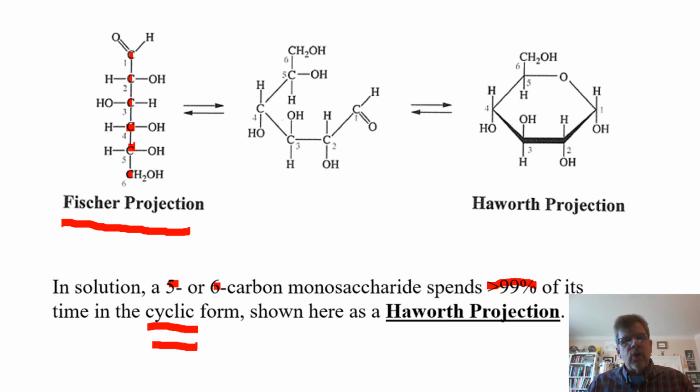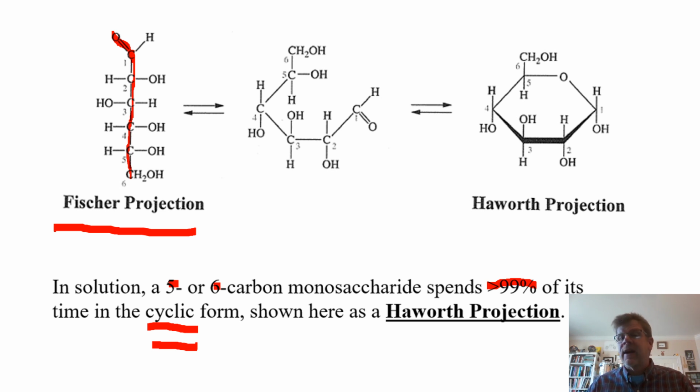Now, just as we showed the way to express an open chain monosaccharide in a Fischer projection here, and all Fischer projections are written exactly the same way, always with that most oxidized carbon towards the top, and all other carbons in a sort of zipper down the middle.